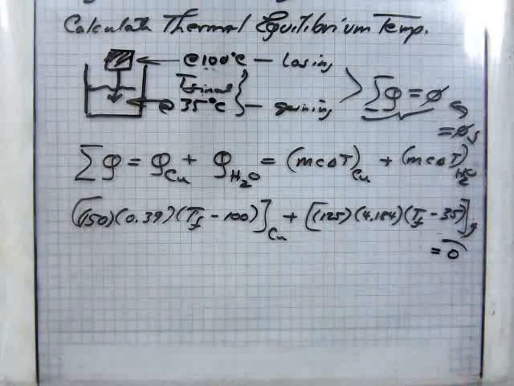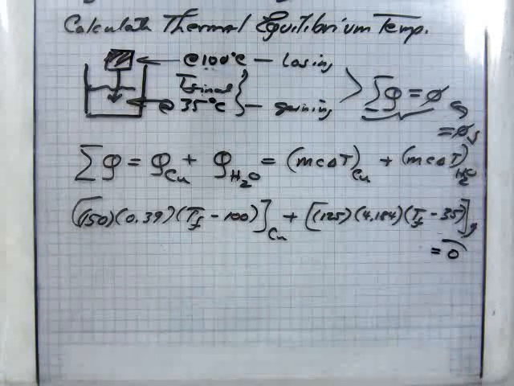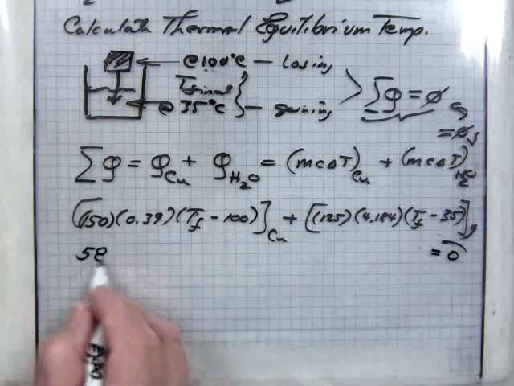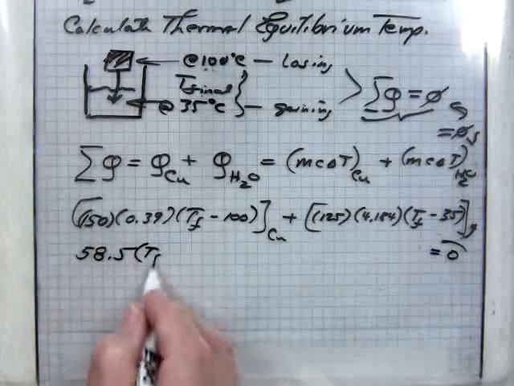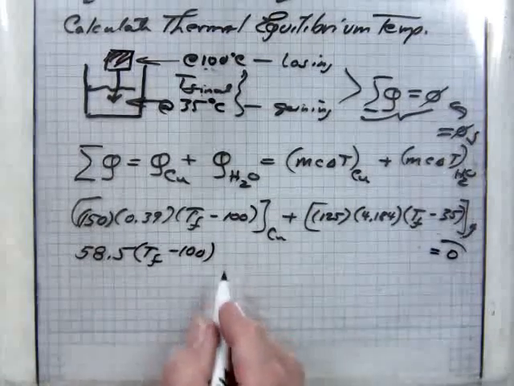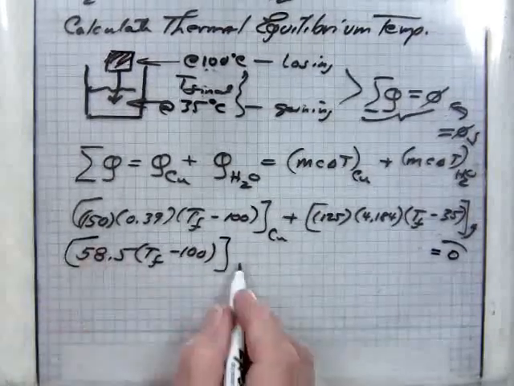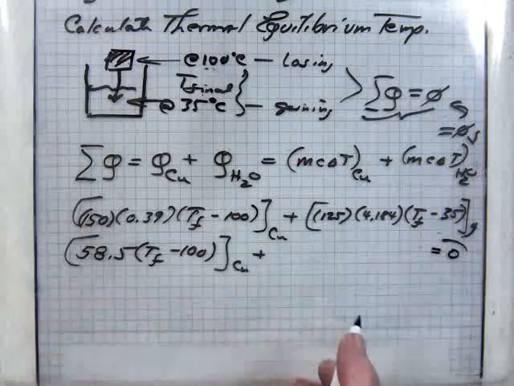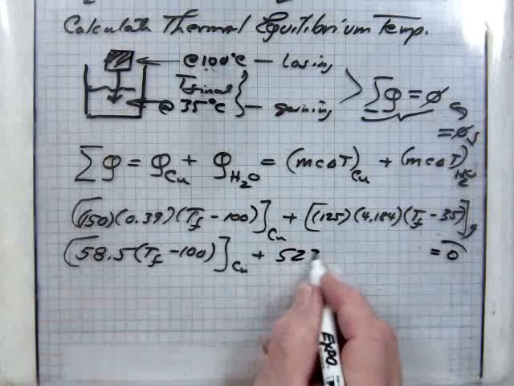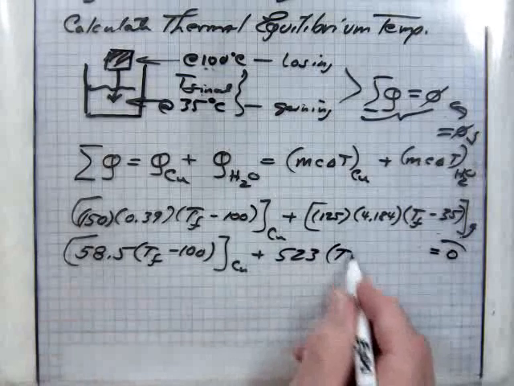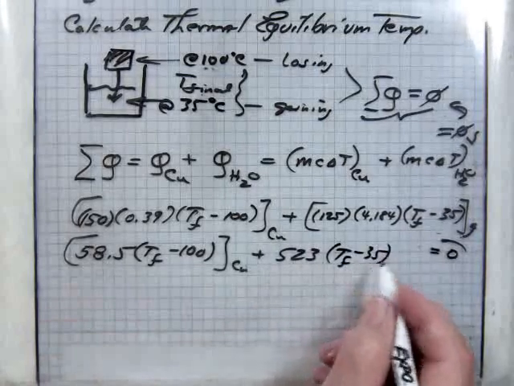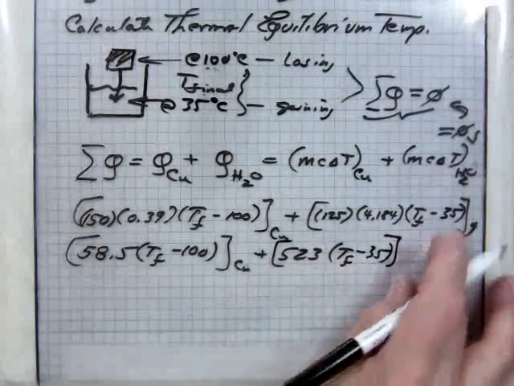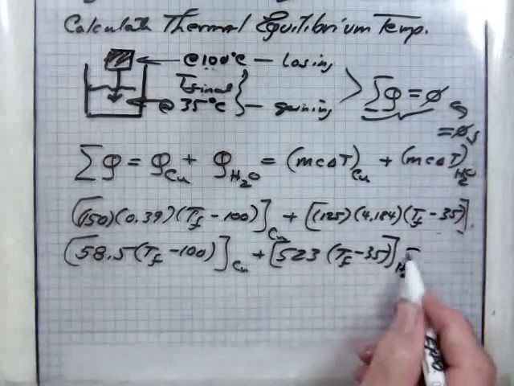So 150 times 0.39 equals 58.5 times T final minus 100, and that's still your copper, plus 125 times 4.184, which is 523, times T final minus 35, bracket that, that's your water, and all that's still equal to 0.